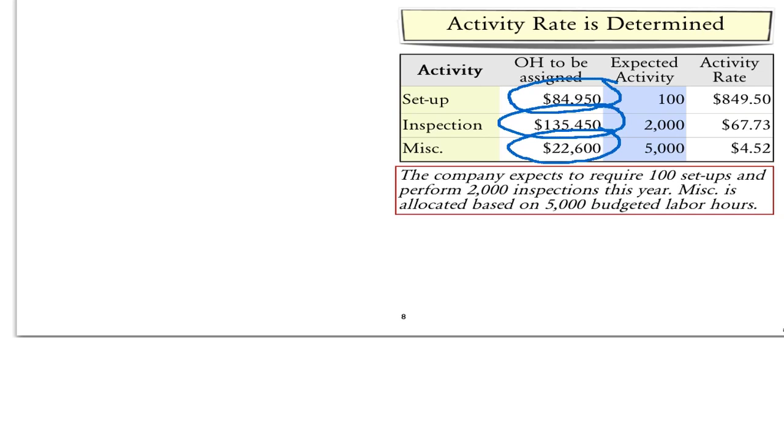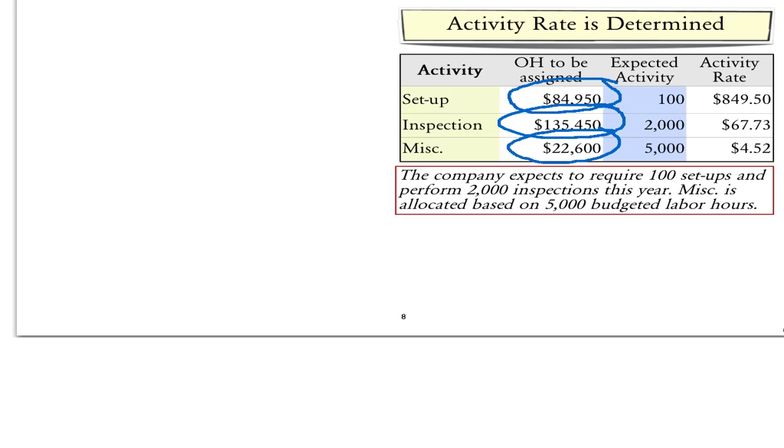And we do that the same way we would do it for any overhead activity. If we're using an actual overhead system, we would take the costs and divide by the actual amount of the cost driver. And if we're using a predetermined overhead rate system, we would take the amount and divide that by the amount of the expected activity.